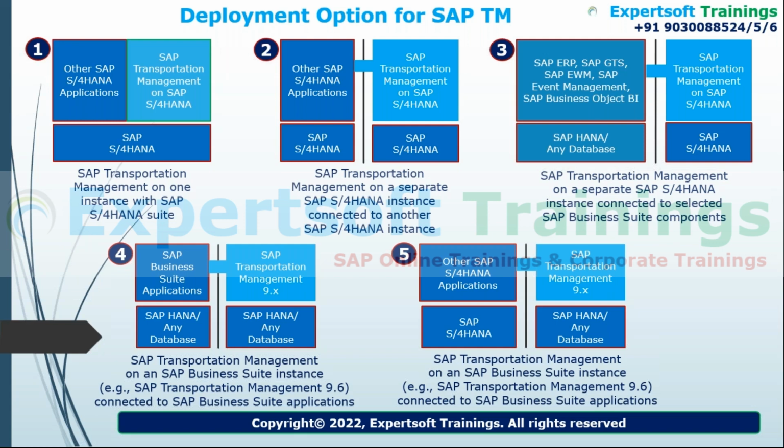System-wise, SAP TM was not in S4HANA, it was on any database, but the client has now upgraded the core ECC into S4. So you can also have this option. They may decide to first stabilize the ECC part, and only then go for the migration or upgrade of TM to S4.